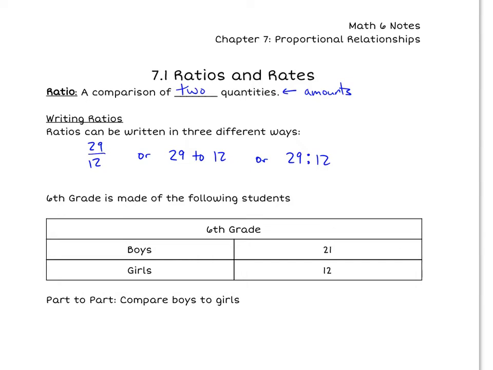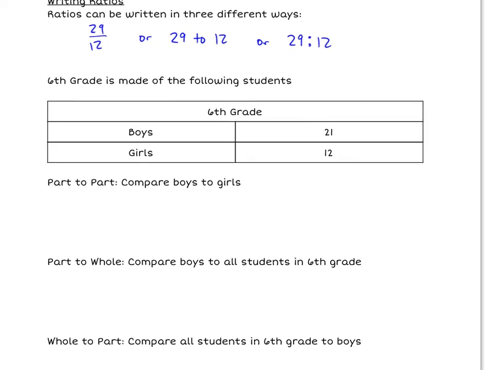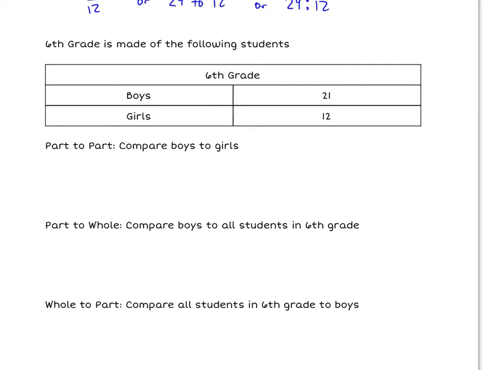So when we have a table of data, you'll see some of these in your assignment where they have a list of some things and the number of them. In this case, we're going to look at some sixth graders. So for example, if the whole sixth grade has 21 boys and 12 girls, you can compare that part to part. It says compare boys to girls.